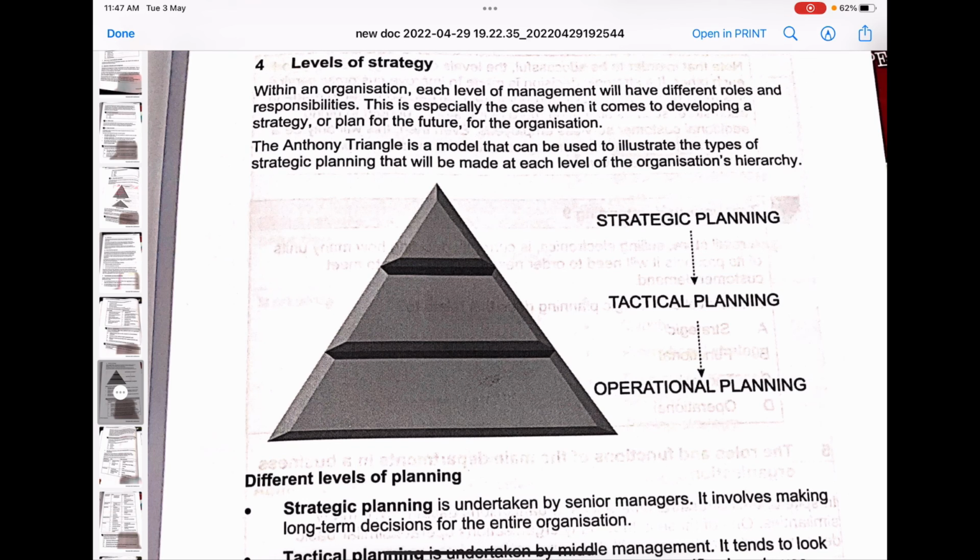J PLC wishes to change its corporate structure. It has decided to outsource all of its non-core functions to external third parties. Which of the following boundaries is J planning? Okay, so outsource non-core functions. The correct answer is D, which is hollow structure.